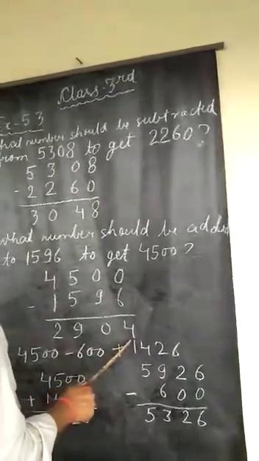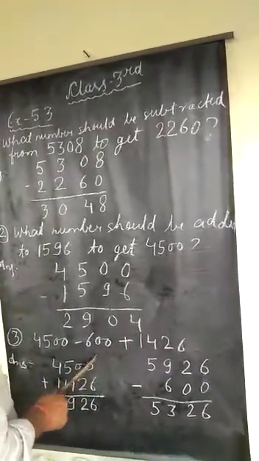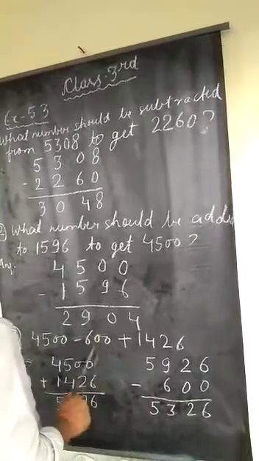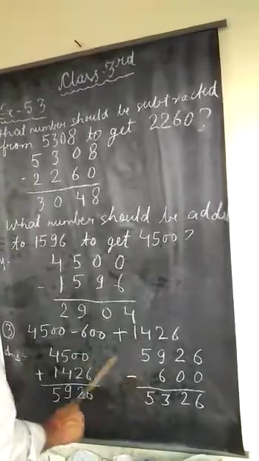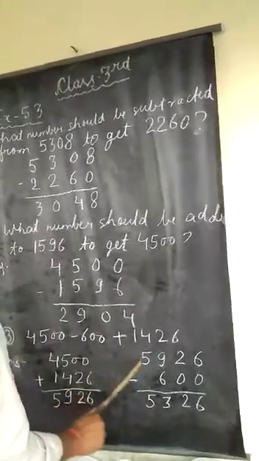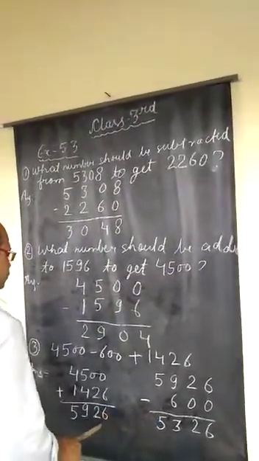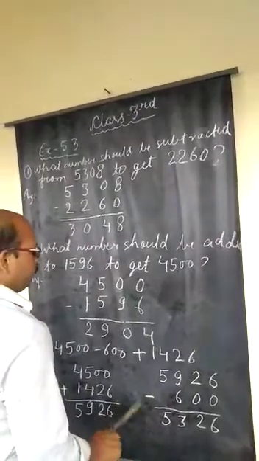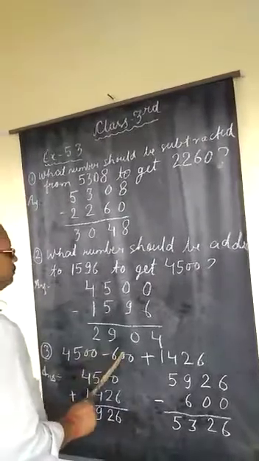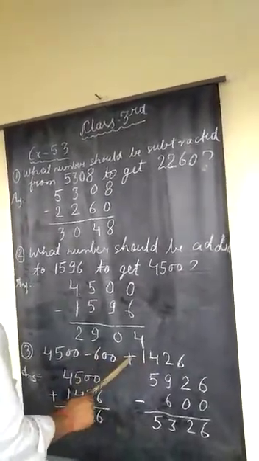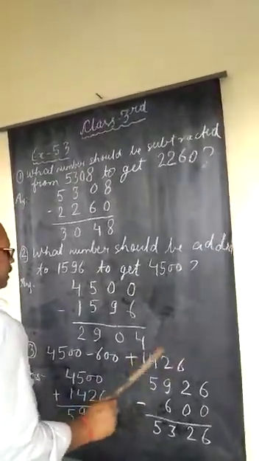We solve it by first adding the numbers with positive signs, then subtracting the numbers with negative signs, and in the last step we subtract the negative total from the positive total to get the final answer. Here there are only 3 numbers, but questions can have many numbers and many signs.